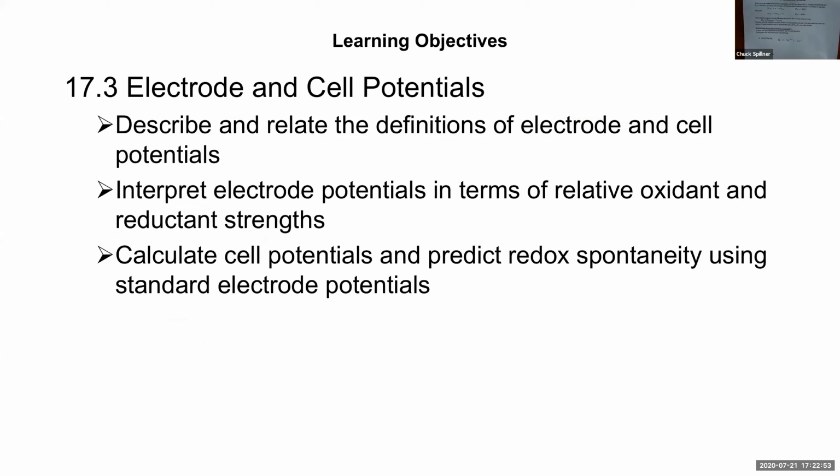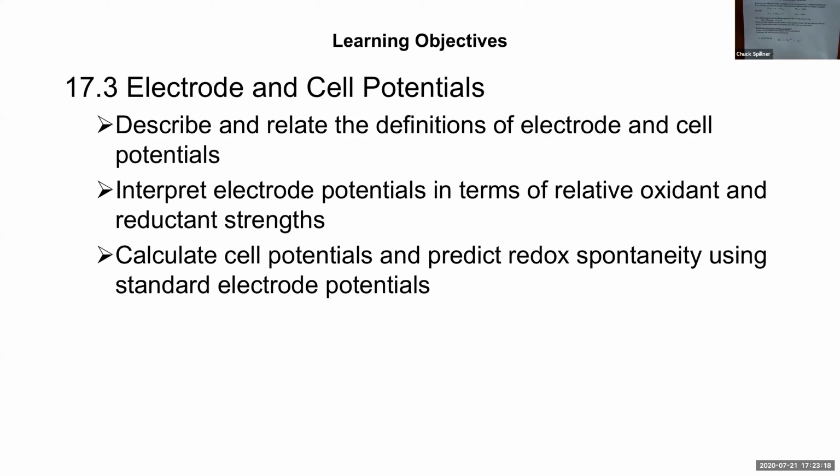We're going to describe the definitions of what these potentials are. It sounds sort of like potential energy, and that's what it is. Then we're going to interpret the cell electrode potentials in terms of the relative oxidant and reductant strengths. And those are the half reactions.